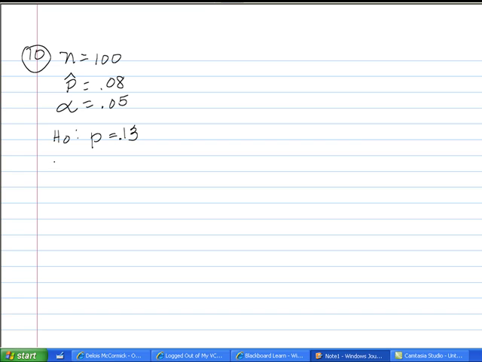That's our claim. So this would be not equal to. So it's similar to the last one we just looked at. So we want to find our test statistic. So z equals our p hat minus our p, times the square root of 100, all over the square root of... is it p hat or, I always get that confused.